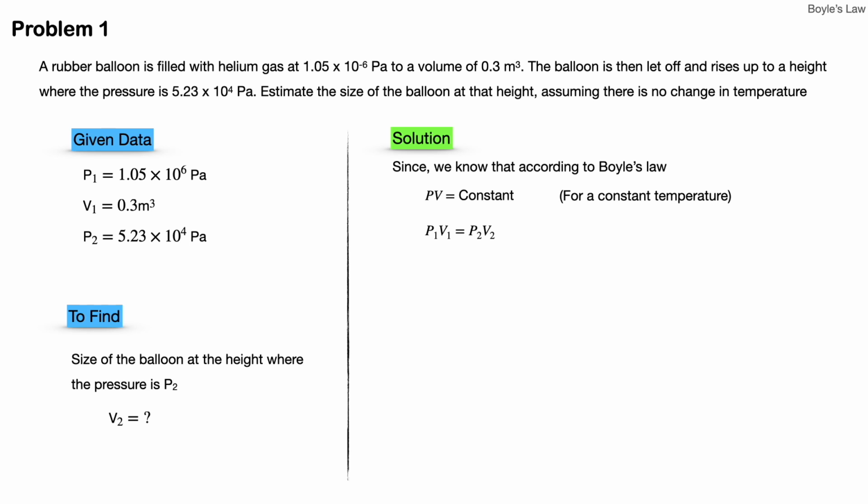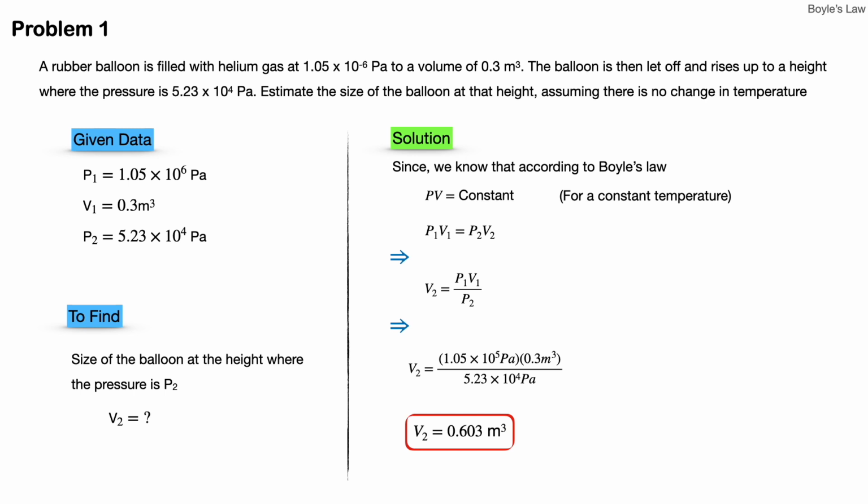Now from this formula, we will derive the value of V2 by rearranging the terms. So V2 is equal to P1 V1 over P2. Now we will insert the values and do calculations. After calculations, we get 0.603 cubic meters.